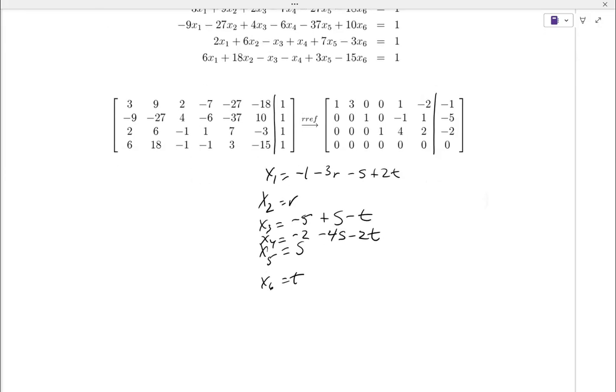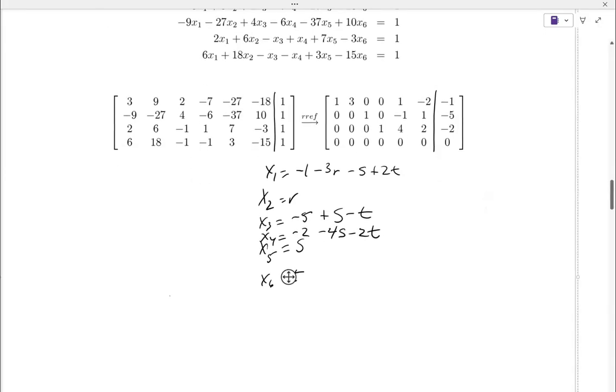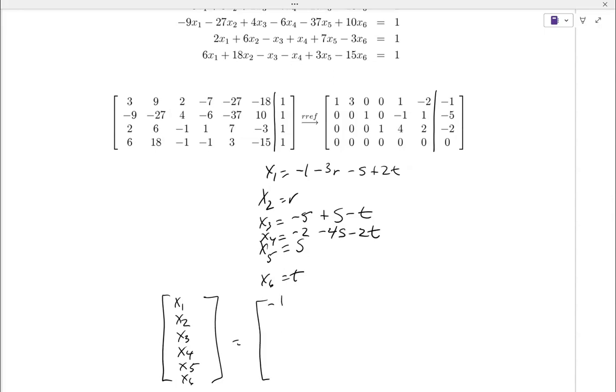Now, if we rewrite this, and we've done this as well, this is exactly what we've done before. I'm just illustrating the point that we talked about. Notice you can pull your constants off and then break it up as r times -3, 1, 0, 0, 0, 0.